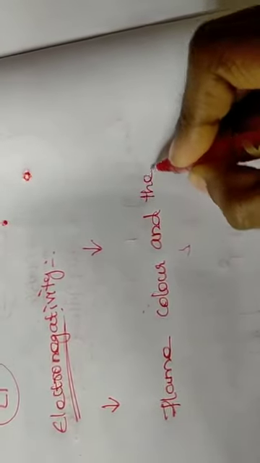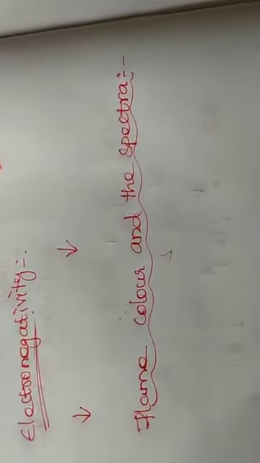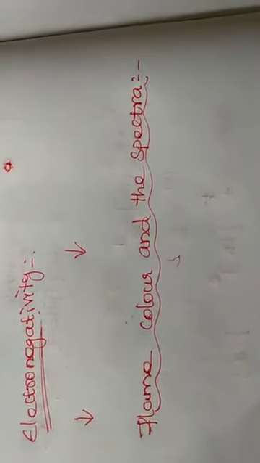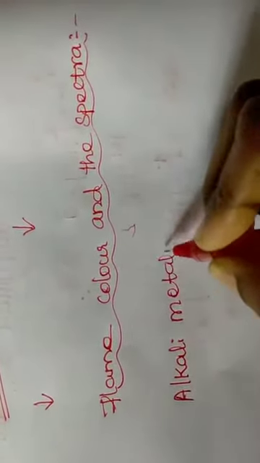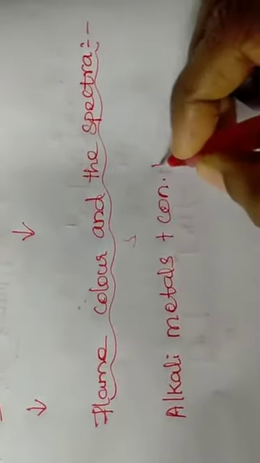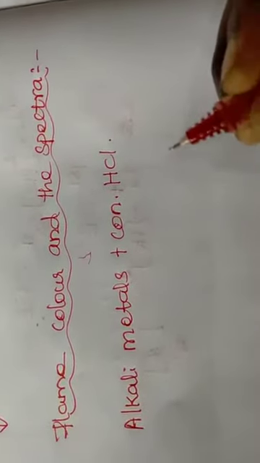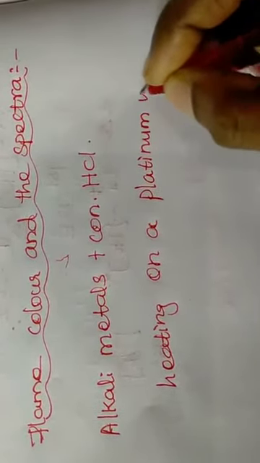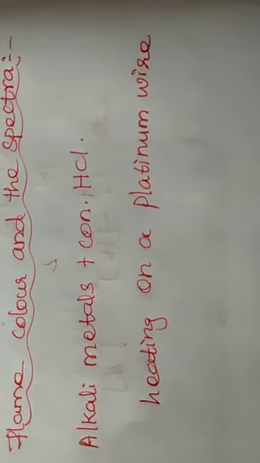flame color and spectra. When the alkali metals are mixed with concentrated hydrochloric acid to make a paste, and it is heated on a platinum wire in the flame, from the heat source we get the flame.